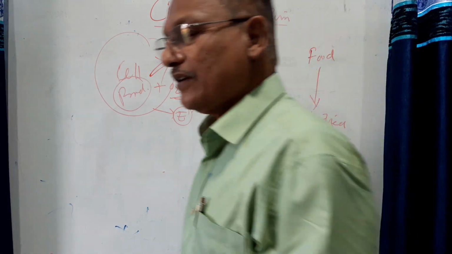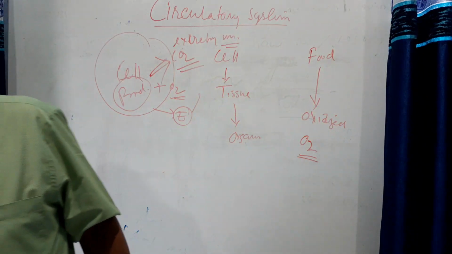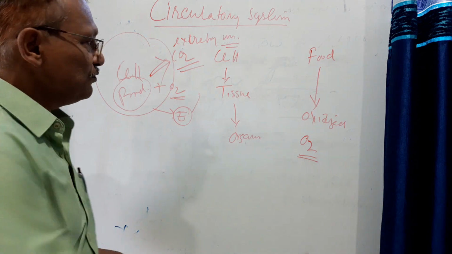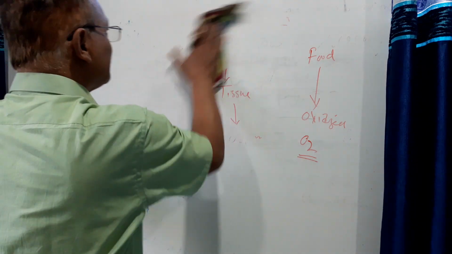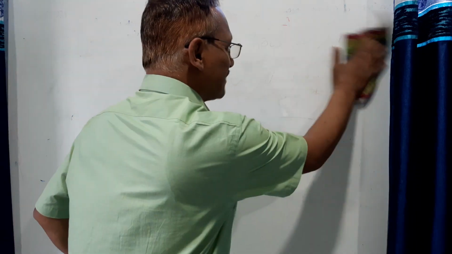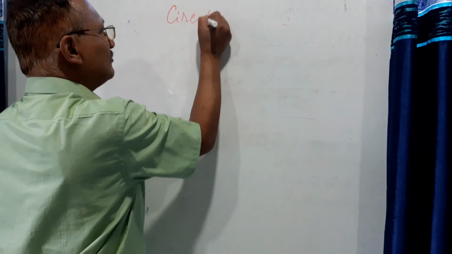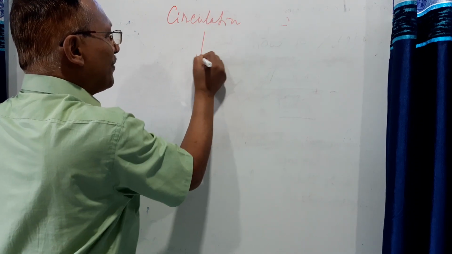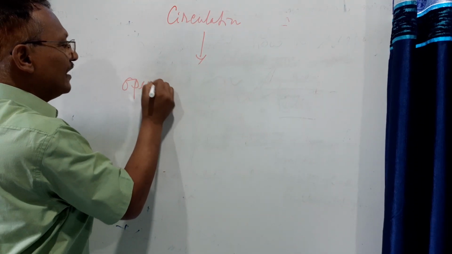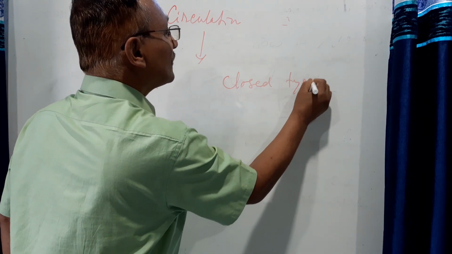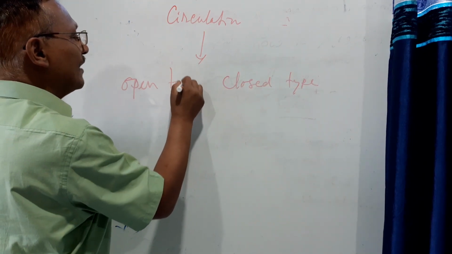Depending upon the type of circulation, there are two types: open circulation and closed circulation.